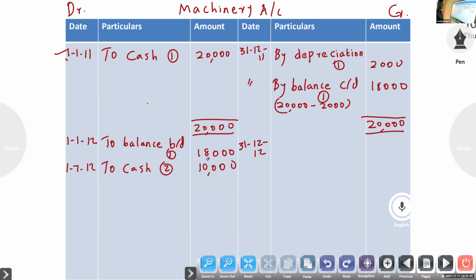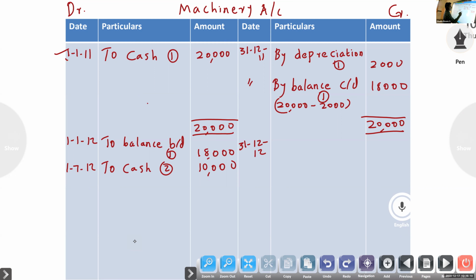Second machinery purchased. Then next year only another transaction: 1st April 2013 we sold our first machinery, and the same date we purchased another machinery also. So this year no other transaction.